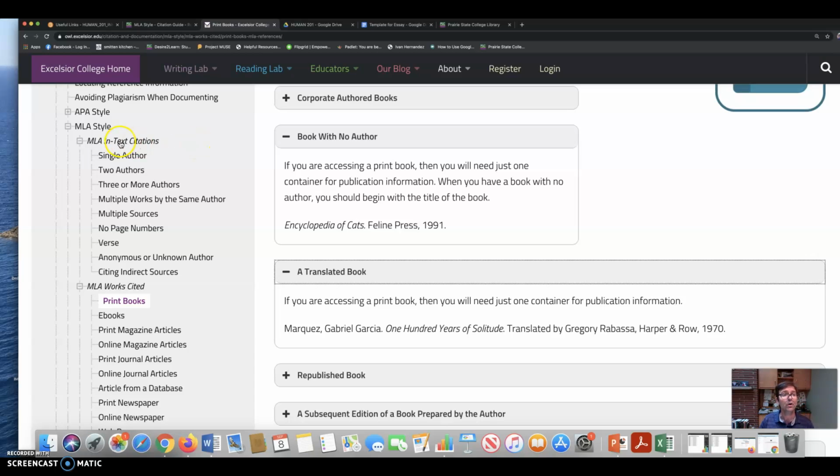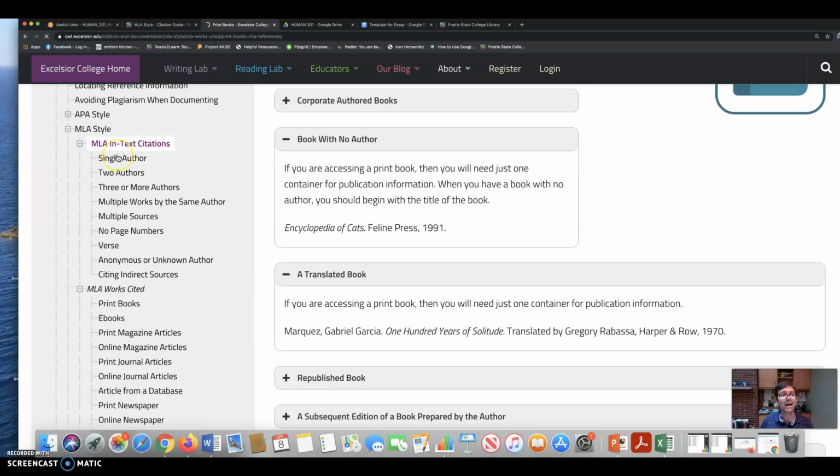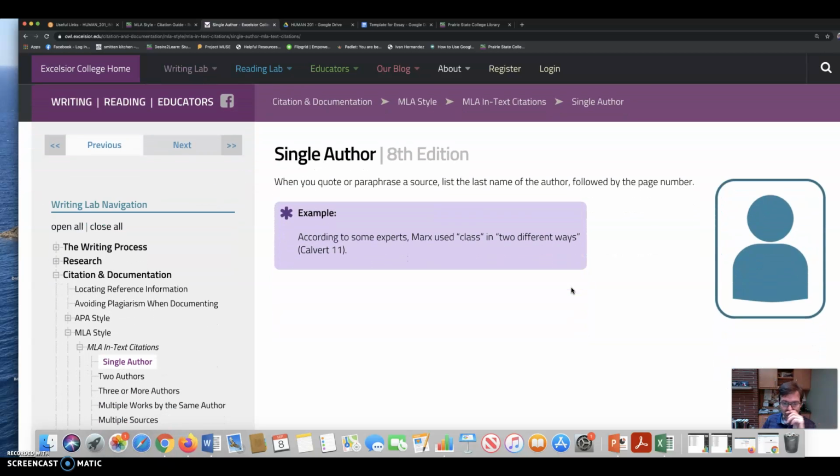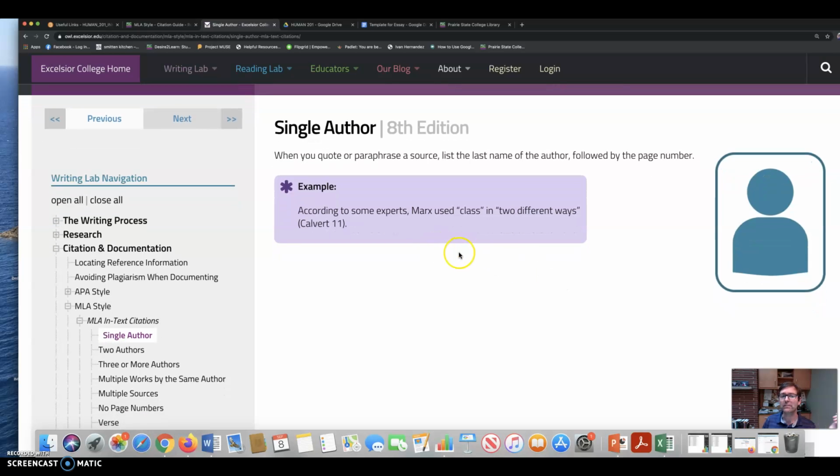Okay, so here we'll go up here, and we have, let's say, single author, where what you're doing is citing in your essay a quote from a single author. For example, let's say you're quoting a book by a guy named Calvert about Marx. And so here's a good example of how to structure a sentence in your writing that makes an in-text citation.